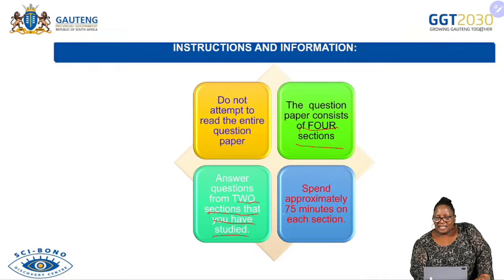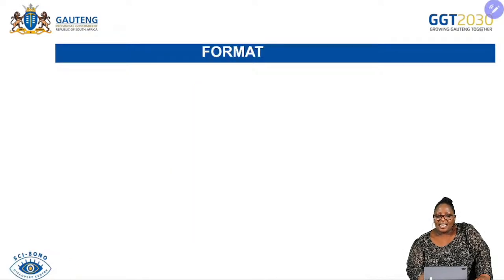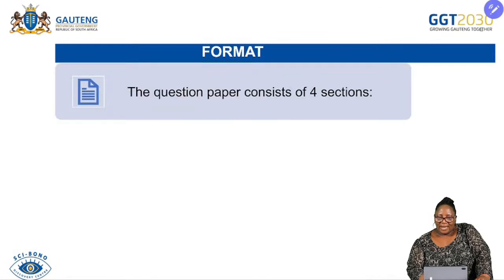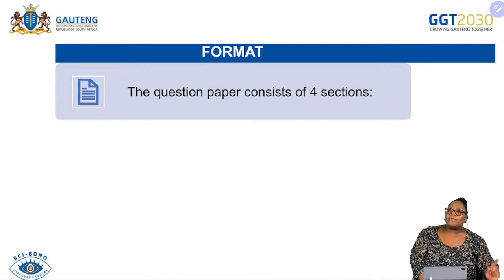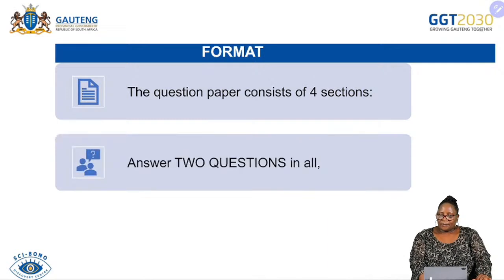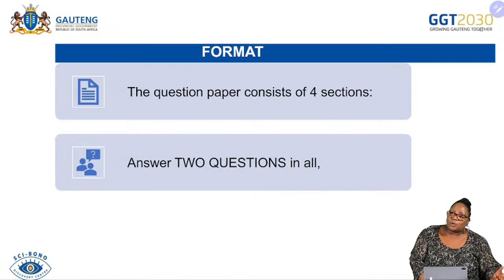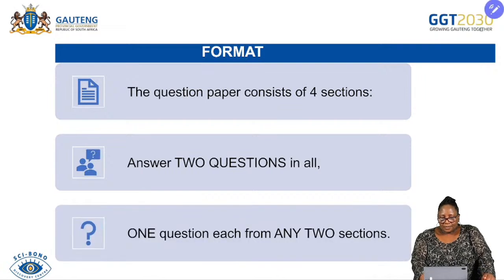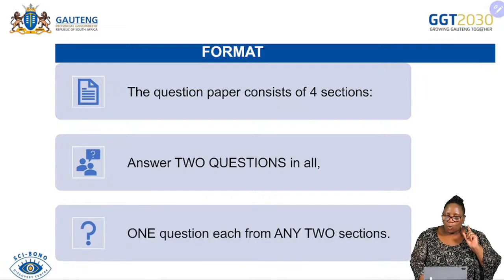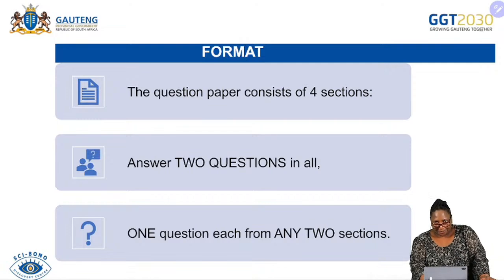Again, importantly, time management: for each section, you spend 75 minutes. I'm going to recap. The question paper consists of 4 sections. How many questions are we supposed to write? 2 questions in all, 1 question from any 2 sections.